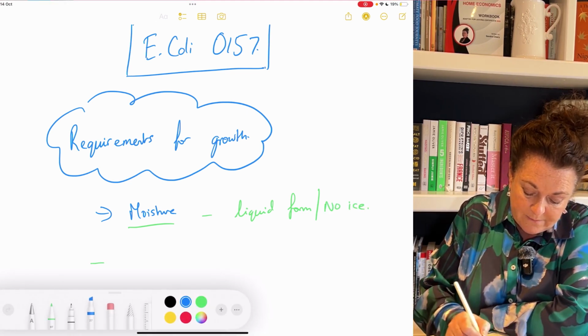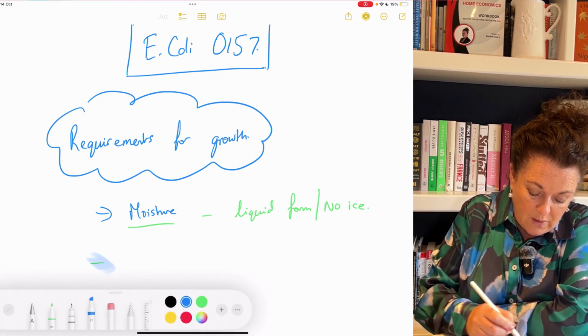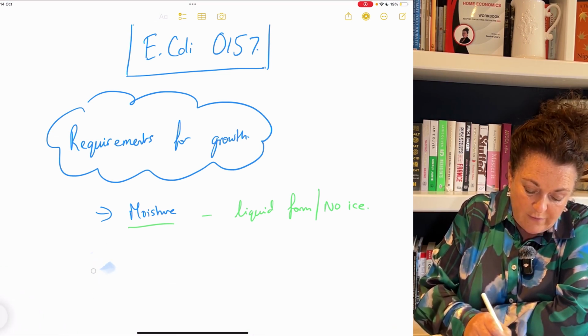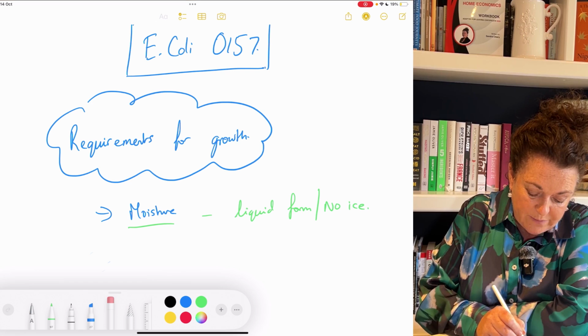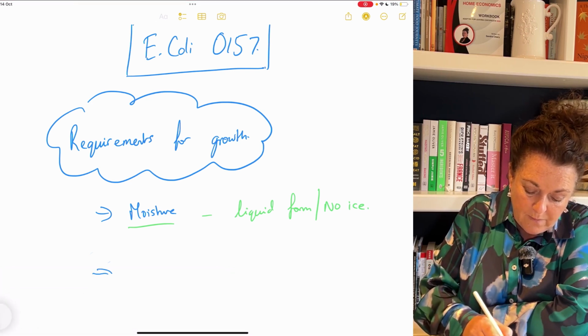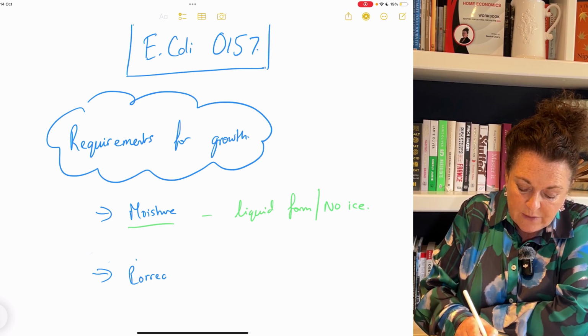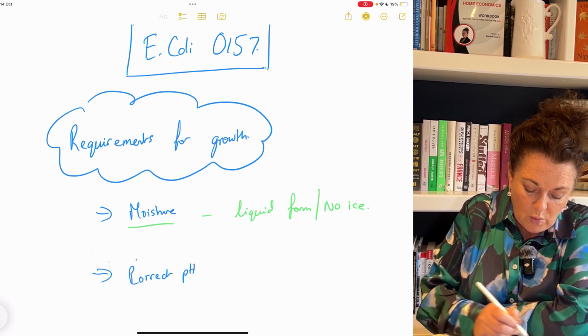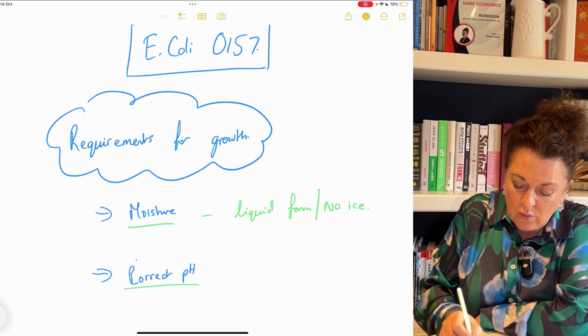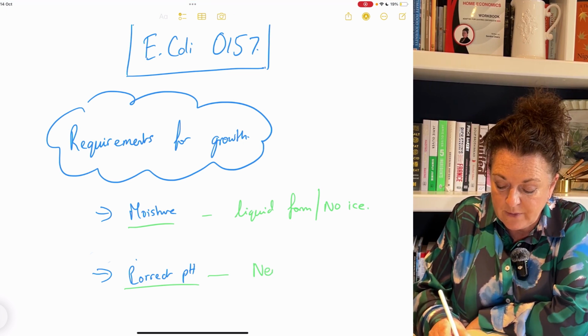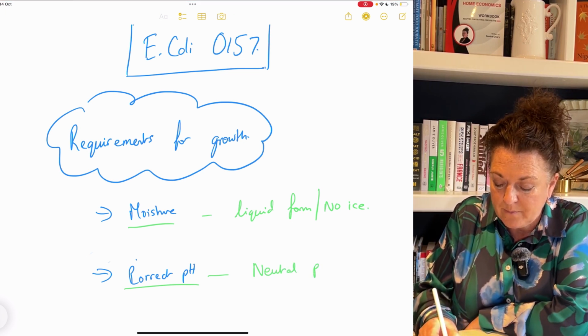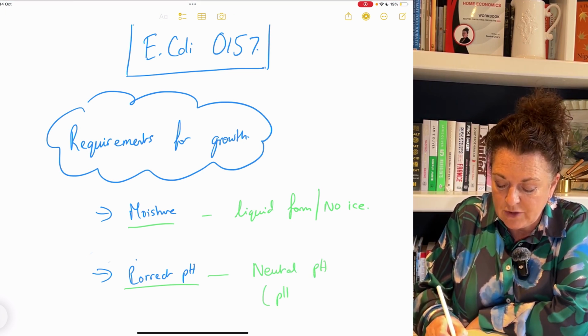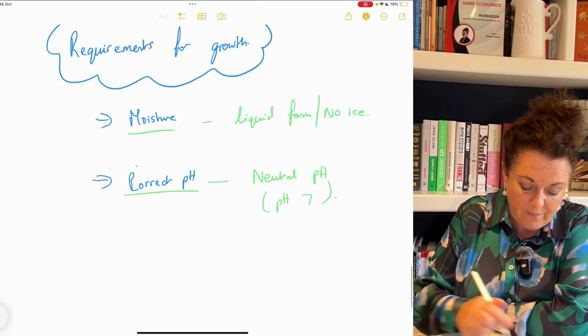Secondly, we have our pH, and the correct pH, we note that E. coli prefers a neutral pH, which is a pH of 7.